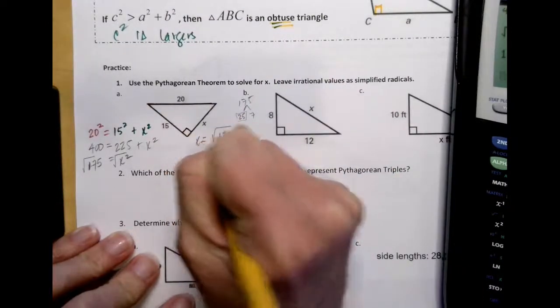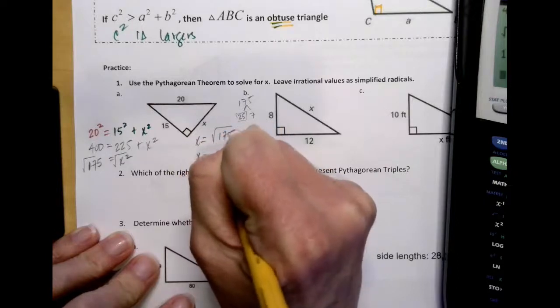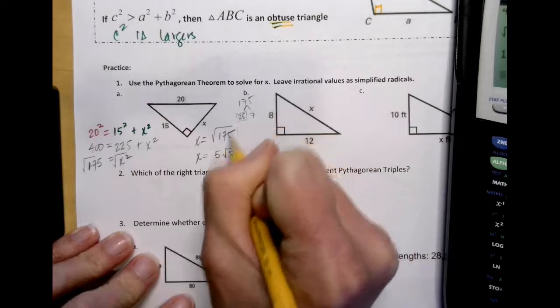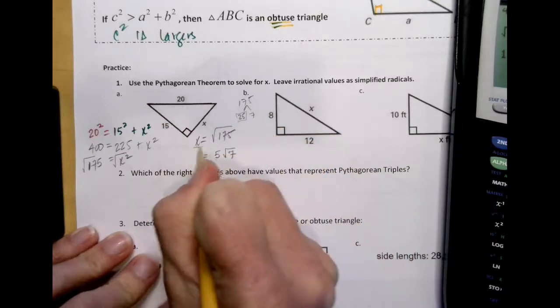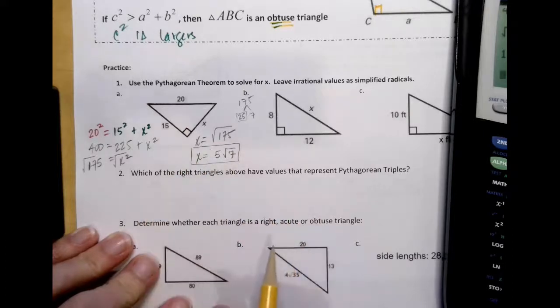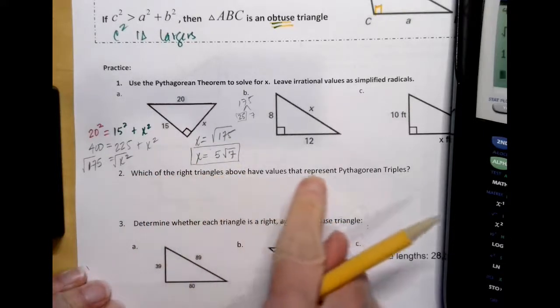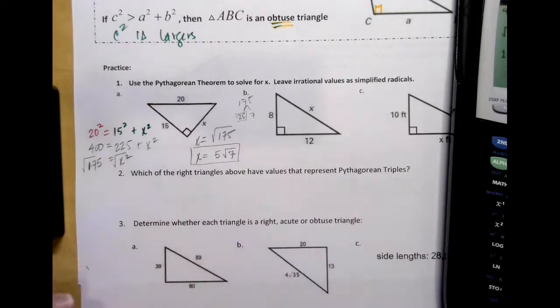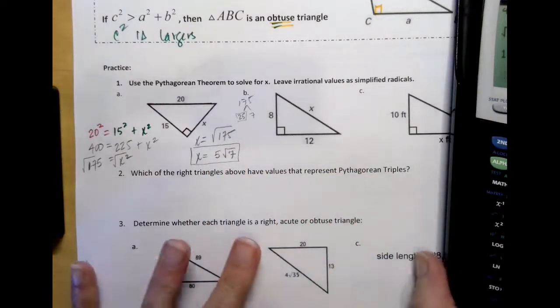So my x value is going to be equal to 5 times the square root of 7, because this 25 can come out of the radical. So is it a Pythagorean triple? No. So which of the right triangles above have values that represent Pythagorean triples? Not number 1, that's for sure.